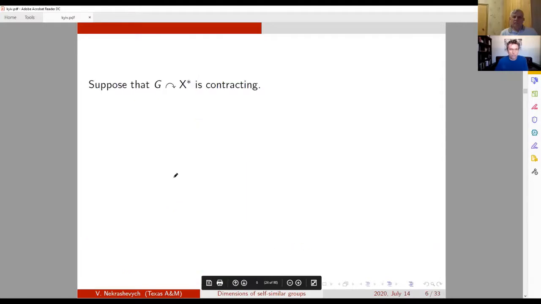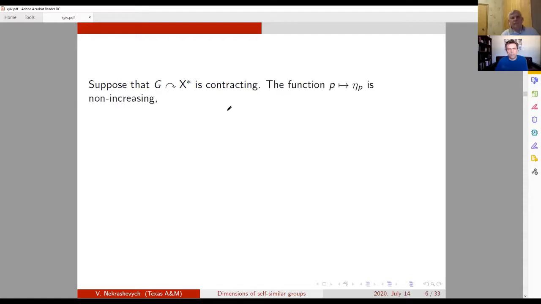Okay, so suppose that the action is contracting, so the infinity contraction coefficient is less than 1. One can show that this function, which associates eta p to p, is a real valued function, is non-increasing, and it's continuous. That's another thing which you can prove. And we know that the group is contracting, so at infinity it is less than 1.